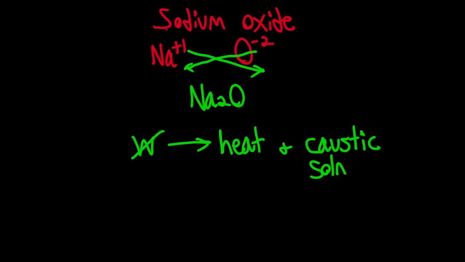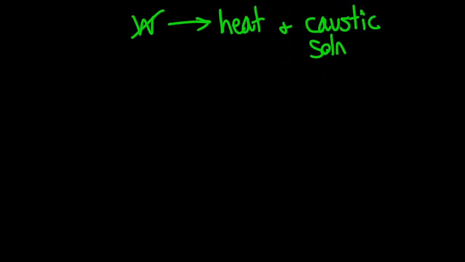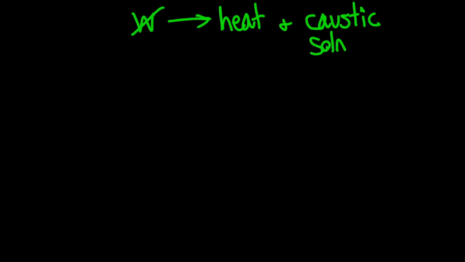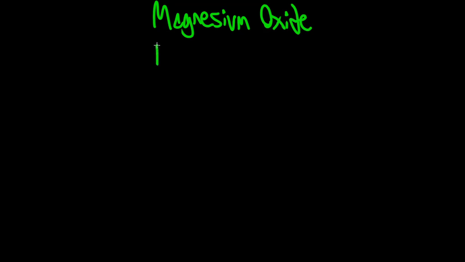So the next example, and all of these oxides are going to have that same hazard where I add water to it and I'm going to get heat and the production of caustic solution. My next example is going to be magnesium oxide. I look at my periodic table, I see magnesium is Mg, it's in group 2, so it's going to have a +2 charge.